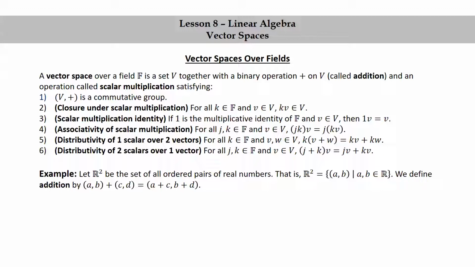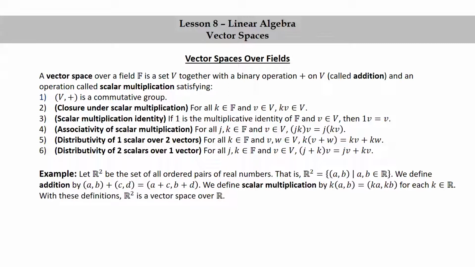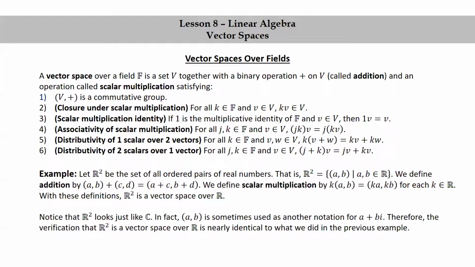We define addition by (a, b) plus (c, d) is the pair (a plus c, b plus d). And we define scalar multiplication by k times (a, b) is the pair (ka, kb) for each k in R. With these definitions, R2 is a vector space over R. Notice that R2 looks just like C. In fact, the pair (a, b) is sometimes used as another notation for a plus bi.